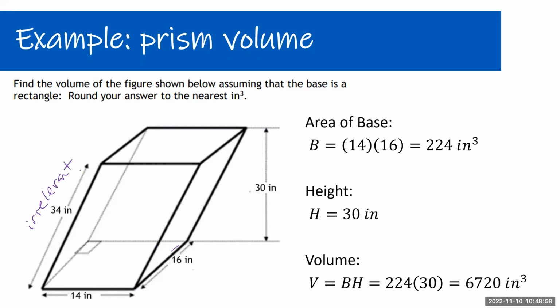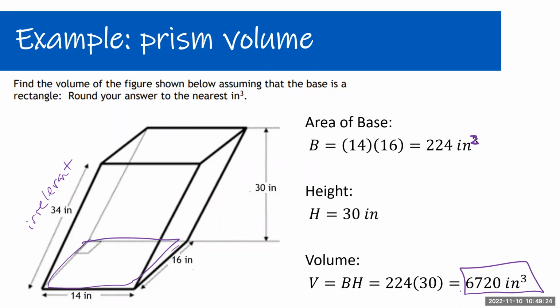It's extra information that we don't actually need for this problem. Remember, we want the vertical height. So the area of our base is going to be the area of this little rectangle right here. So its area is going to be 14 times 16, which is going to give us 224 inches squared, okay? And the height is 30 inches. So if we multiply all of that together, we're going to get 6720 cubed inches.